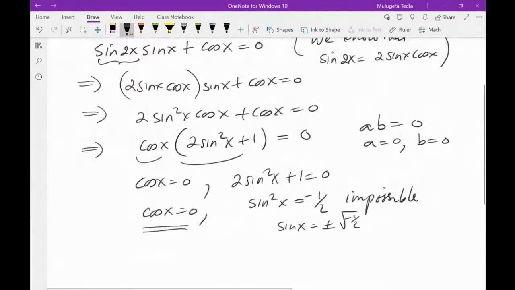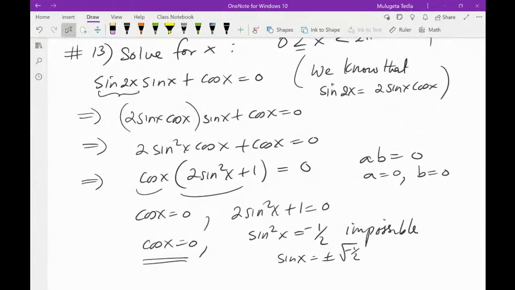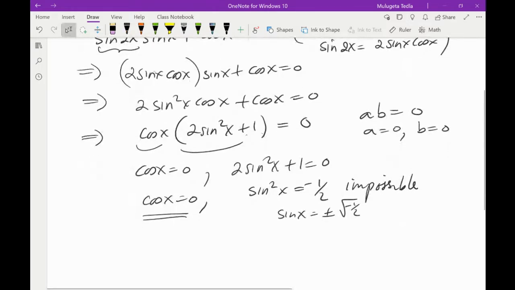Let me double check my arithmetic. Sine 2x is 2 sine x cos x. 2 sine squared x cos x plus cos x equals 0. Factor cos x, you get 2 sine squared x plus 1 equals 0. Then cos x equals 0, and 2 sine squared x plus 1 equals 0. Sine squared x is minus half, so sine x is undefined.